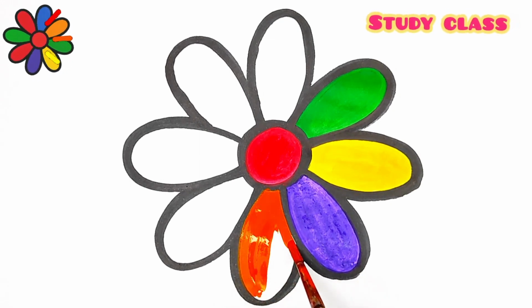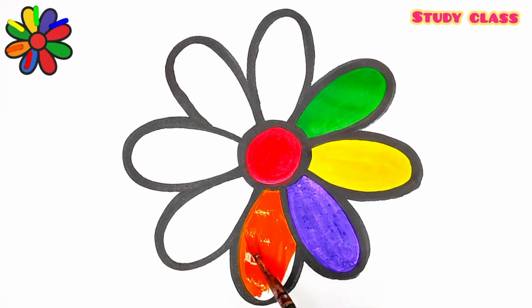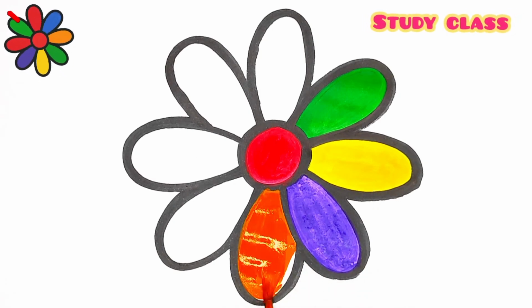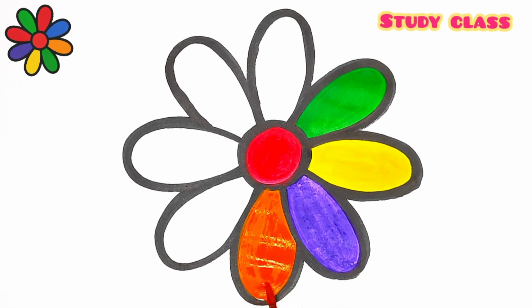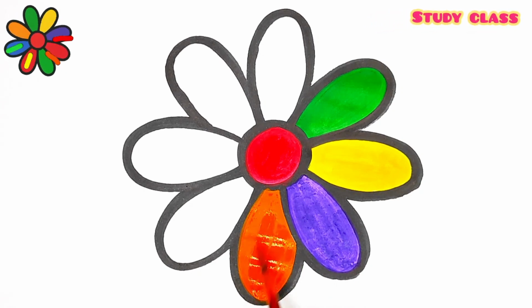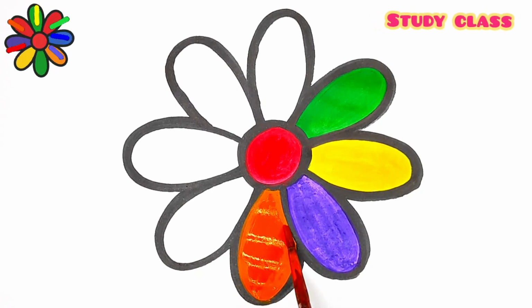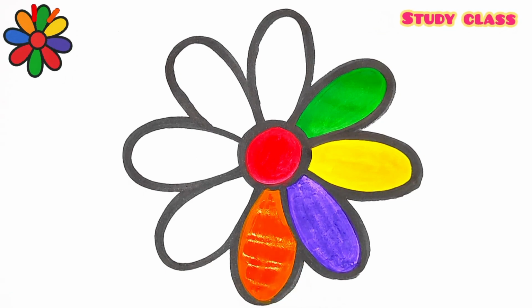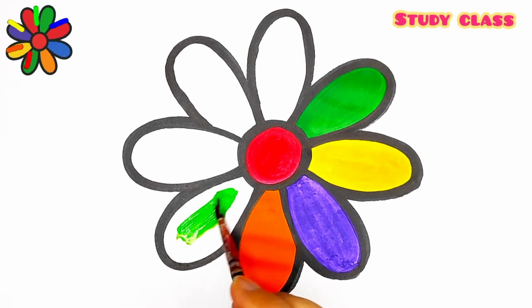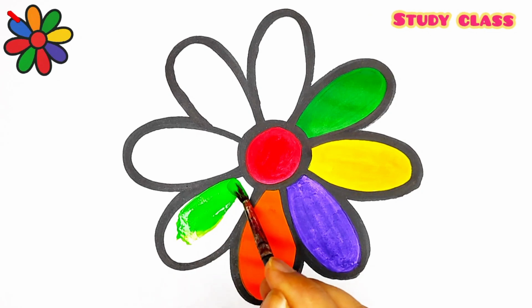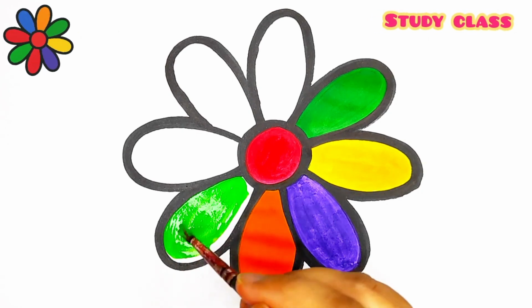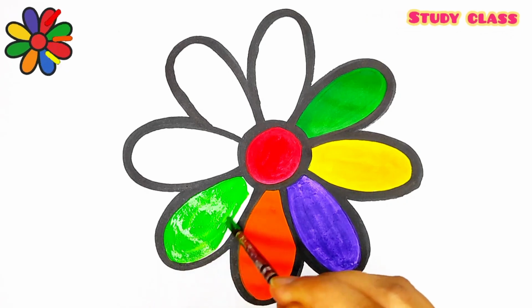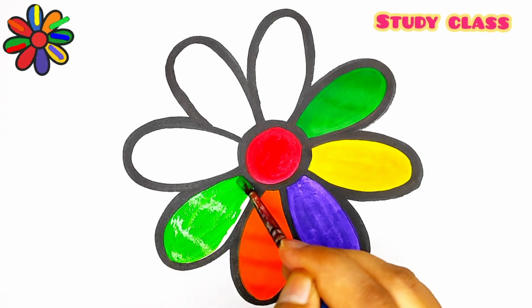Some flowers are even used in cooking, like edible roses. Green color. Flowers are a great way to brighten up a room or a space.